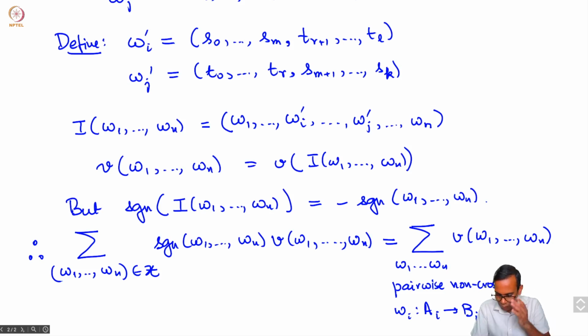Now I want to make one observation about this proof. Where did we use the non-crossing condition? We used the non-crossing condition in just one place in this proof.